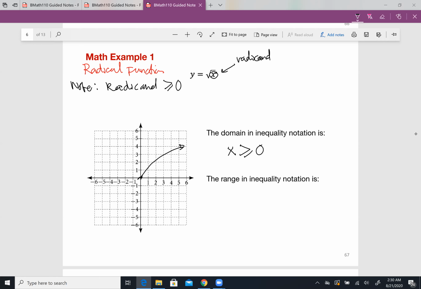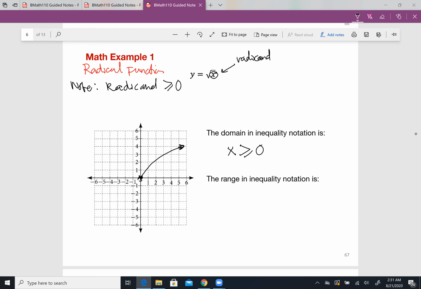So the range in here is the y value, which is also the output. In here you can see that the value of y keeps going up, right? From 0.